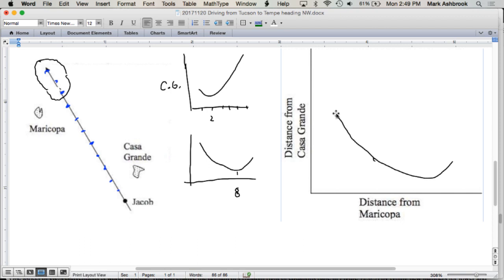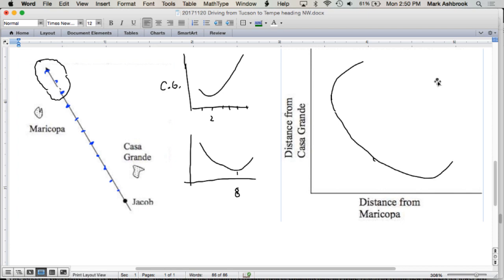And then we come to that point where Jacob is closest to Maricopa. And what happens after that? Further from both, right? So that's the part I was highlighting here. Up here, getting further from Maricopa and further from Casa Grande means this is going to roll back to the right and go up.